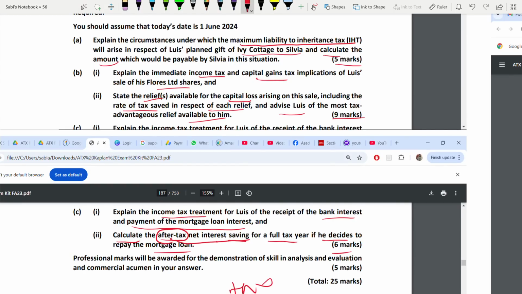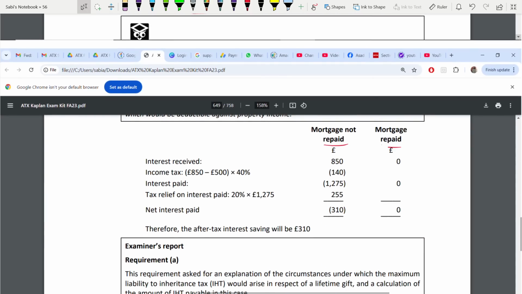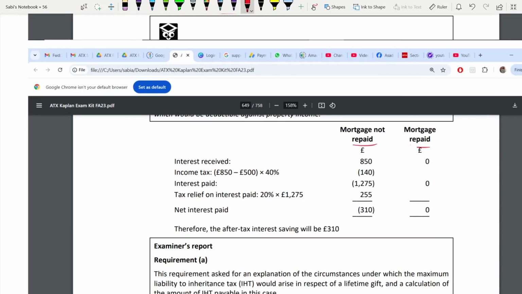They didn't tell you to explain anything. So how much interest are you receiving? 850. And then on this 850 received, you have to pay income tax. How much? From 850 you deduct 500, because 500 is the savings nil rate band, and the rest will be taxed at the higher rate because he's a high rate taxpayer. Deduct the income tax from interest received.